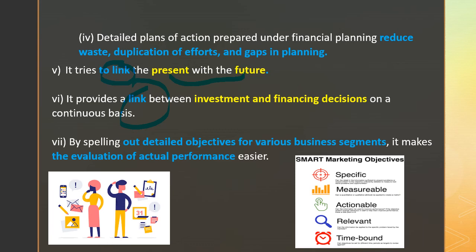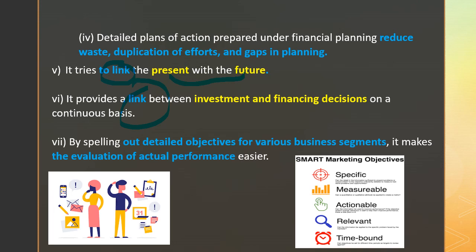And the last point is it helps you to provide detailed objectives, or it helps you to analyze and set detailed goals, so that various departments and various business segments, you will not have just one business. You may have several products that you're manufacturing, or several consultancy services that you are providing.